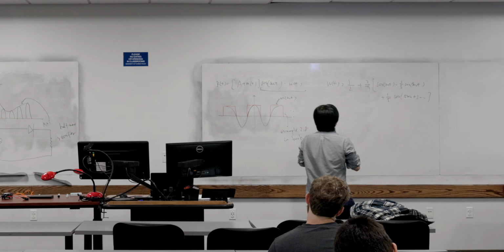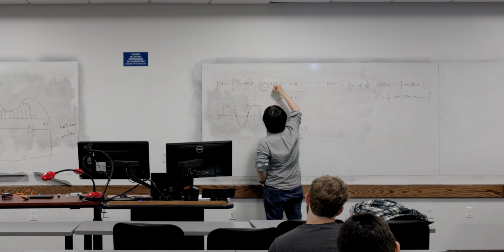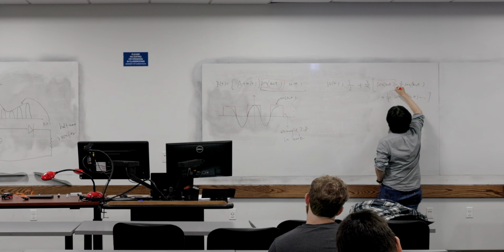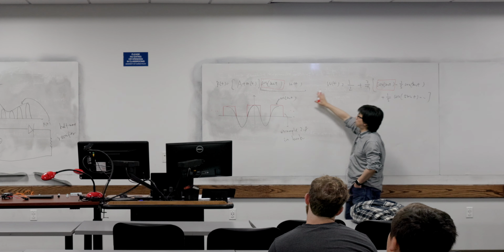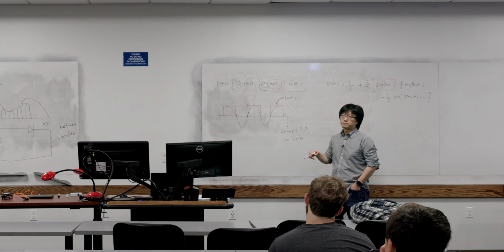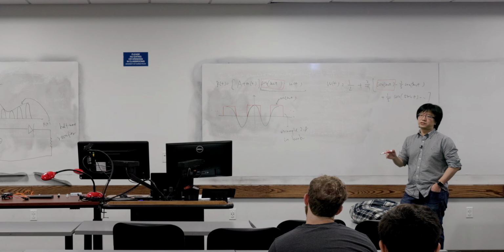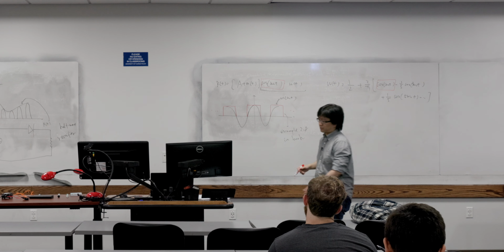There's something that we really like: we have a cosine omega_c t here, and another cosine omega_c t here. Multiplying them will give us a cosine square, which we should like, because we know how to deal with cosine square.